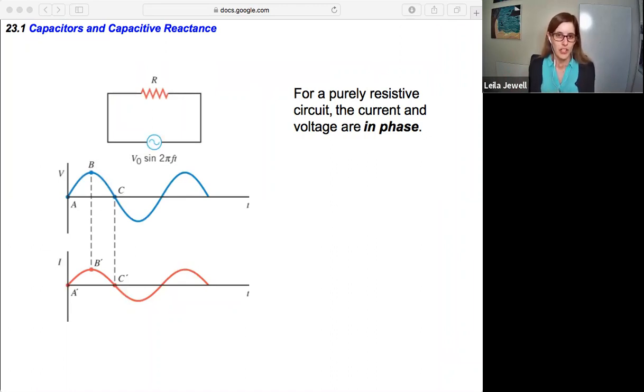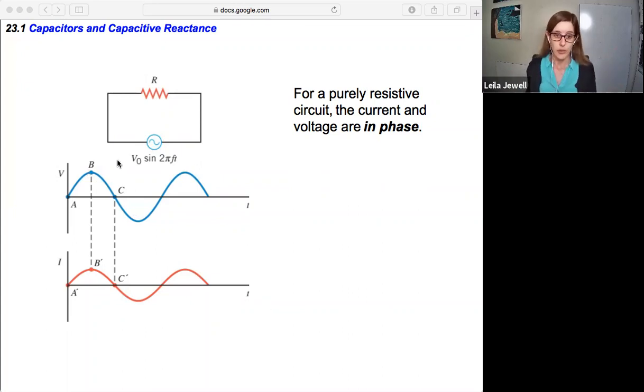The next one has to do with the phase of the voltage and the current. So we're going to start with our purely resistive circuit where we just have an AC source and a resistor. And if we look at a graph of the voltage and the current, we'd find that they are moving exactly together. This is said to be in phase.